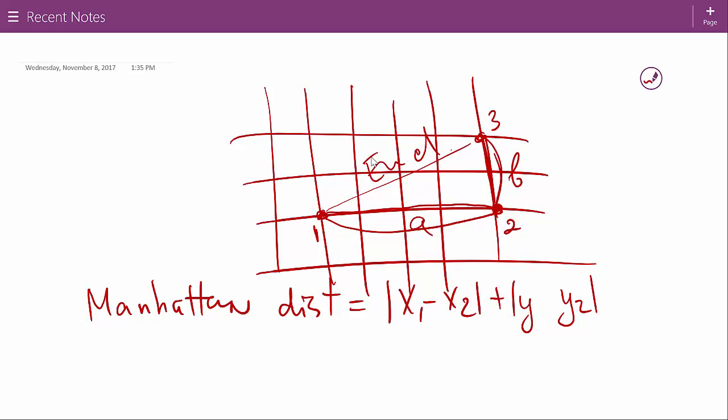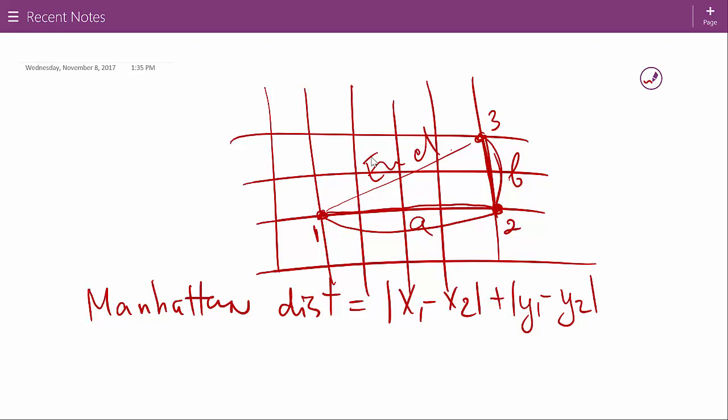That's Manhattan distance. It's just a different way to measure the distance between 2 points, nothing more. Sometimes this one is better, sometimes the other one is better. The choice is pretty much up to you.